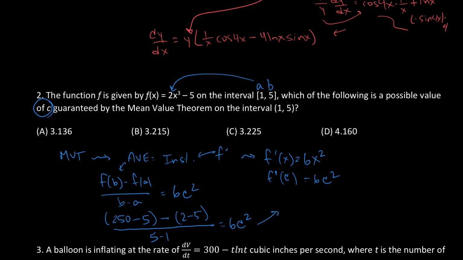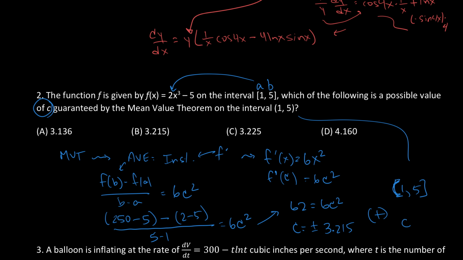Working this out, on the left-hand side, I will get 62 equals 6c squared. Solving for c, I would get plus or minus 3.215, but I only need the positive because the interval is from 1 to 5 that we're looking at. It's actually on the open interval. And so the only answer would be c equals 3.215, which would be B again.